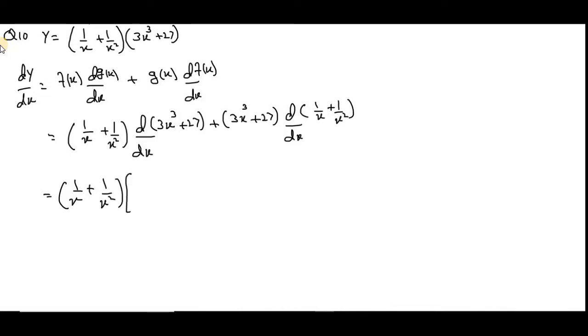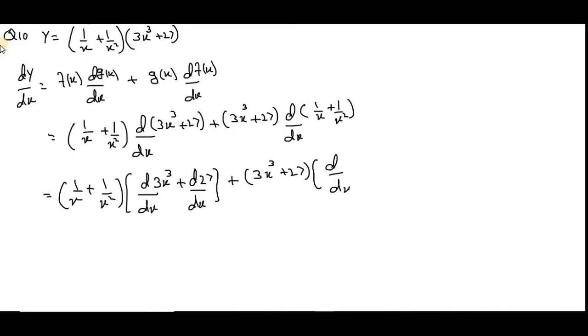Now 1 over x plus 1 over x square, applying the sum rule, d by dx of 3x cube plus d by dx of 27, plus 3x cube plus 27 d by dx.